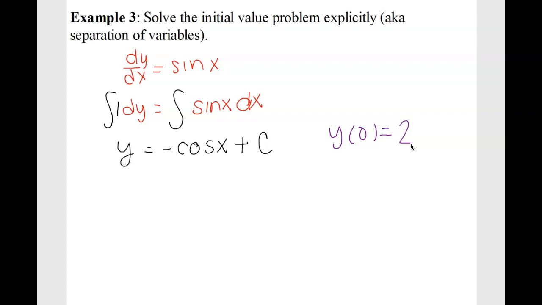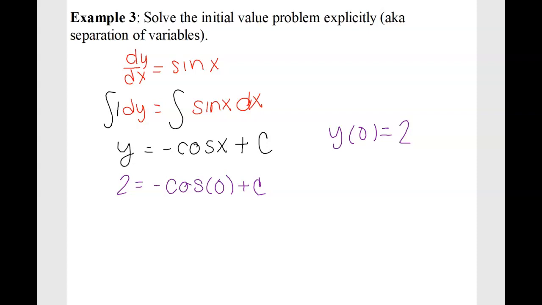So we're going to replace the y's with the 2, the x's with the 0, and solve for c. So you can see how this is a combination of solving indefinite integrals, as well as taking it one step further because now you have to isolate your dy's. We're also going to get into more complicated ones.